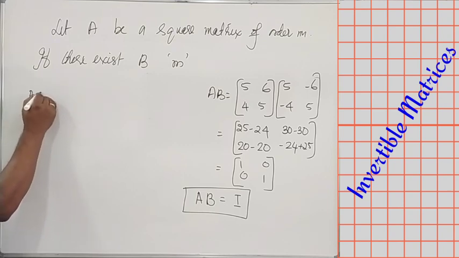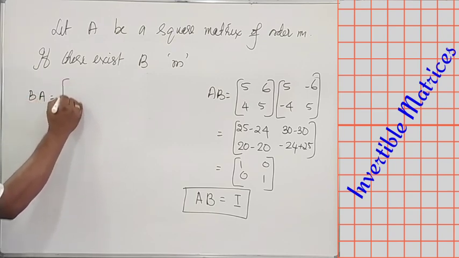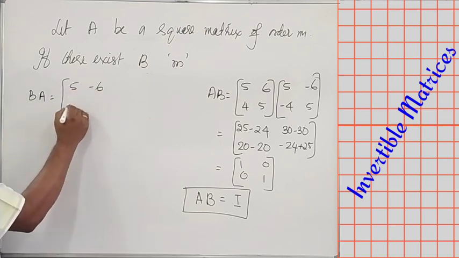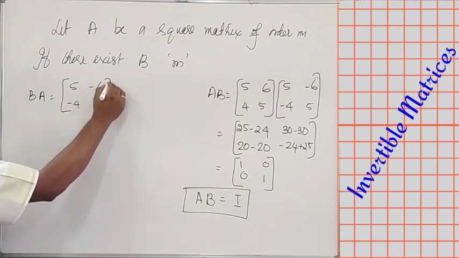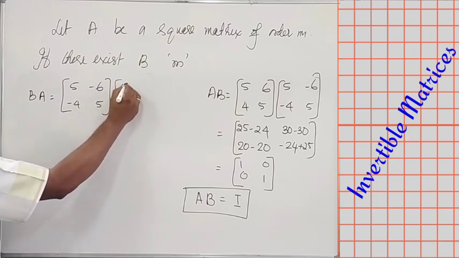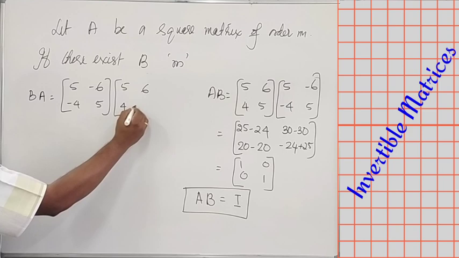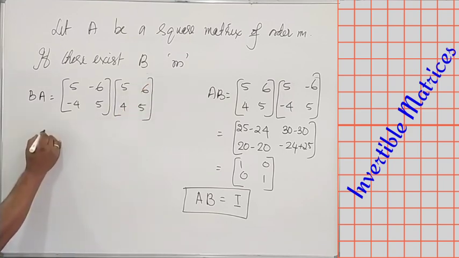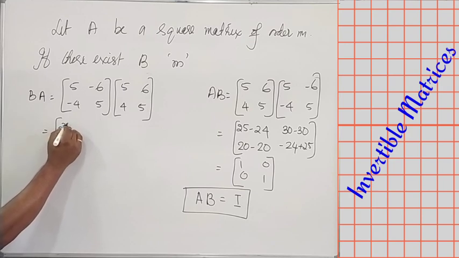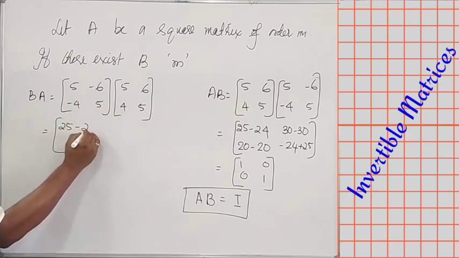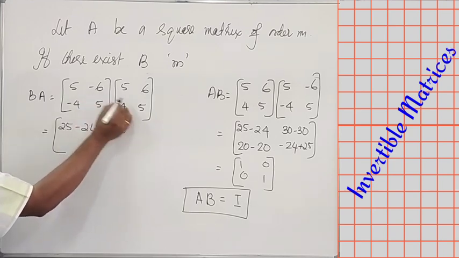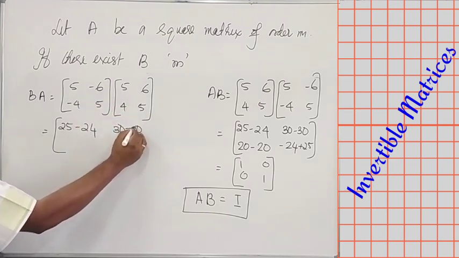Now we calculate B into A. B into A is equal to 5, minus 6, minus 4, 5 into the matrix A, that is 5, 6, 4, 5. We multiply it. 5 into 5, that is 25, minus 6 into 4, minus 24. 5 into 6, 30, minus 6 into 5, that is minus 30.